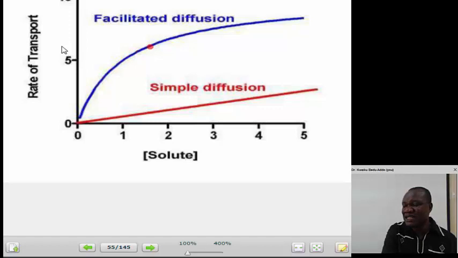In facilitated diffusion, as concentration of solute increases, transport rate increases rapidly till it levels off. So at this point, it's exhibiting what we call saturation.